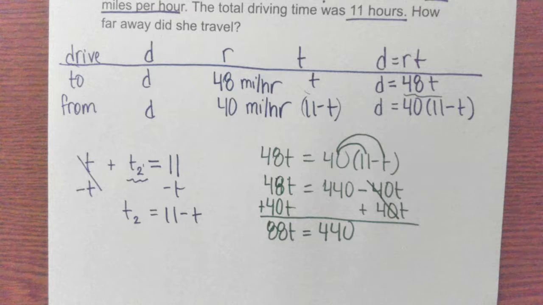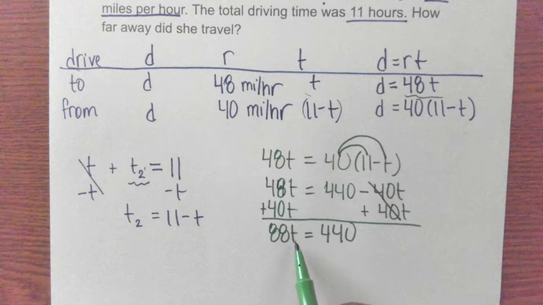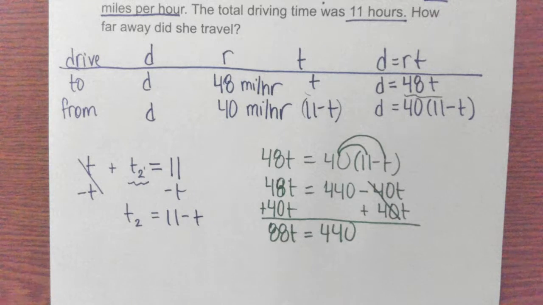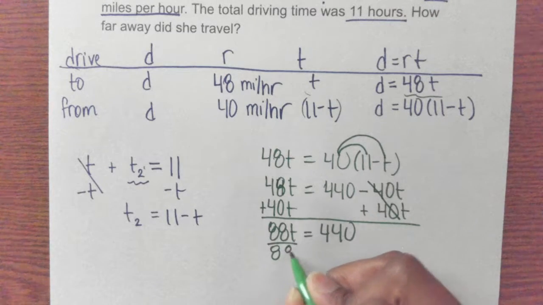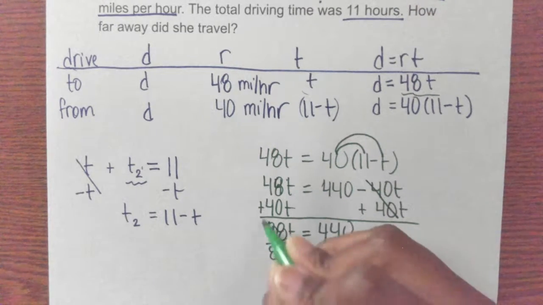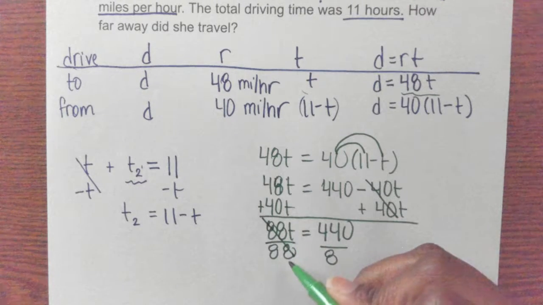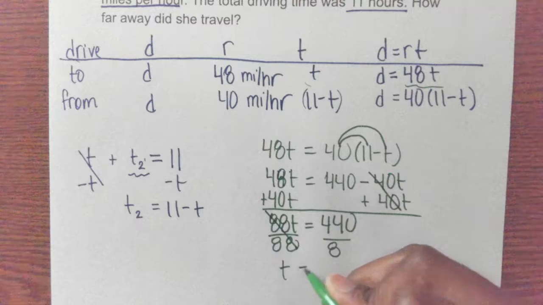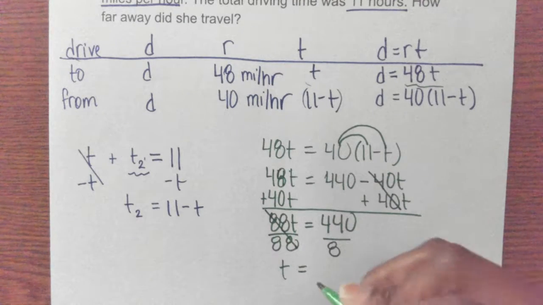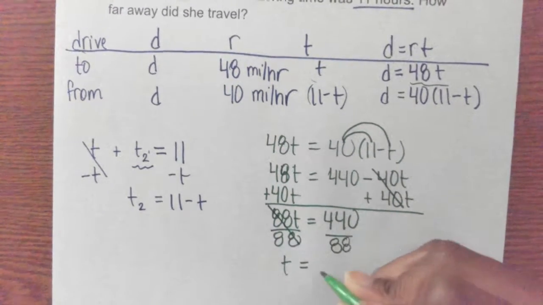Now I want to get my variable t on its own. So I need to divide by 88. When I divide by 88, 88 over 88 is just 1, and that's times t, so I have t is equal to 440 divided by 88, which is equal to 5.